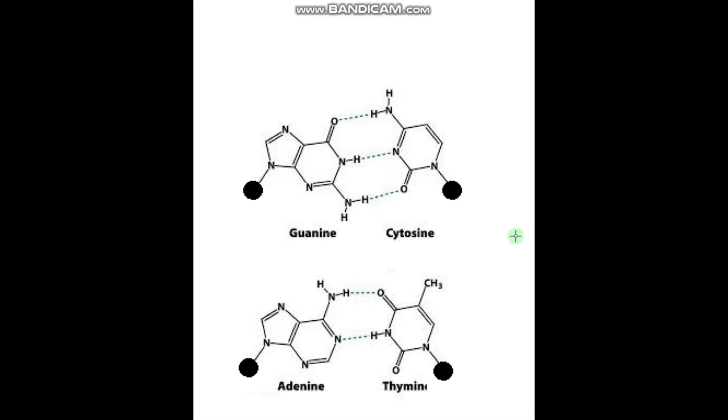In other words, yes, it's true that there are more hydrogen bonds between the bases here than there are here, and it's also true that the more of these you have, the higher the stability of the double helix. But that doesn't prove that it's the extra hydrogen bonds that create the extra stability.